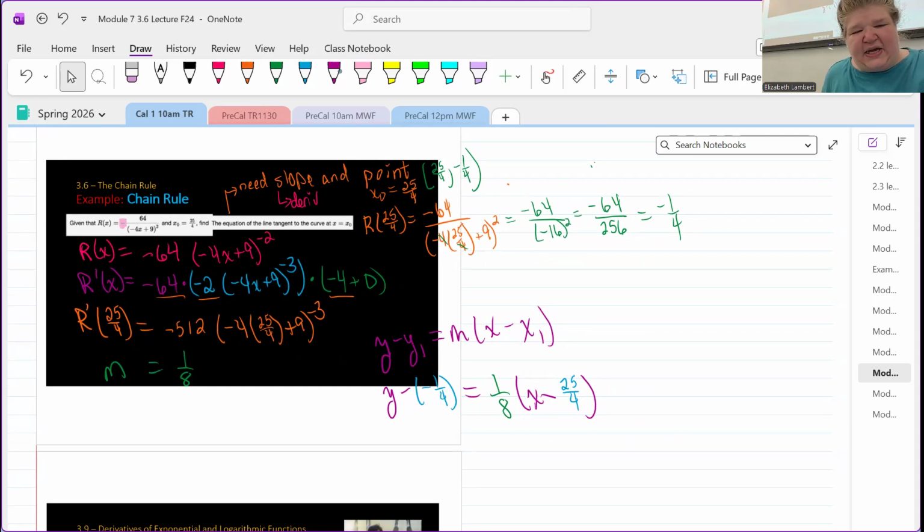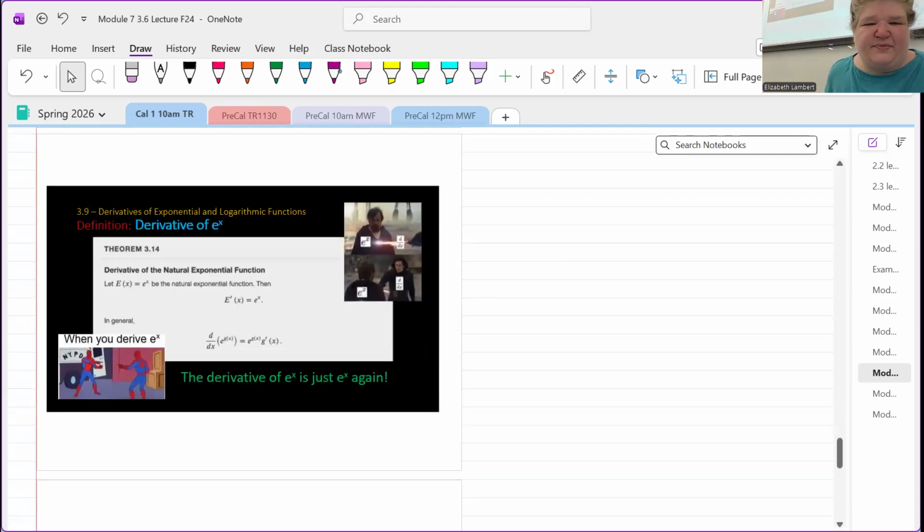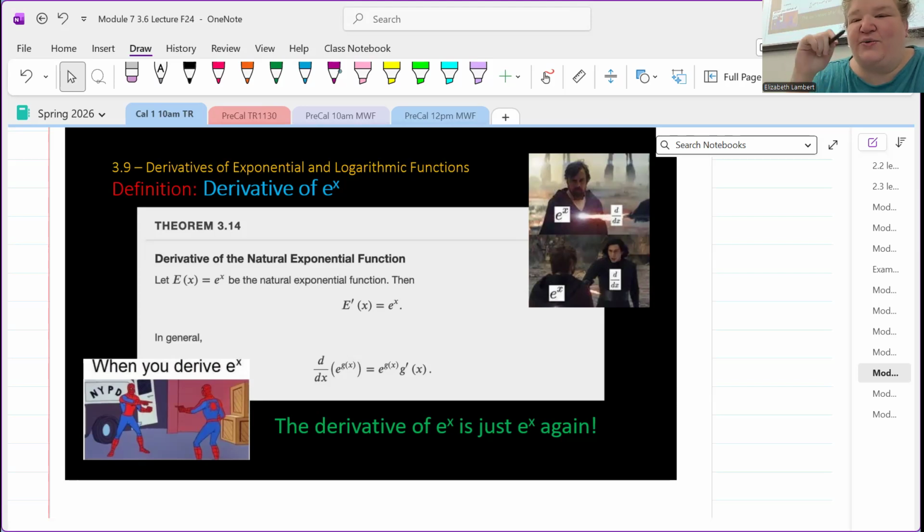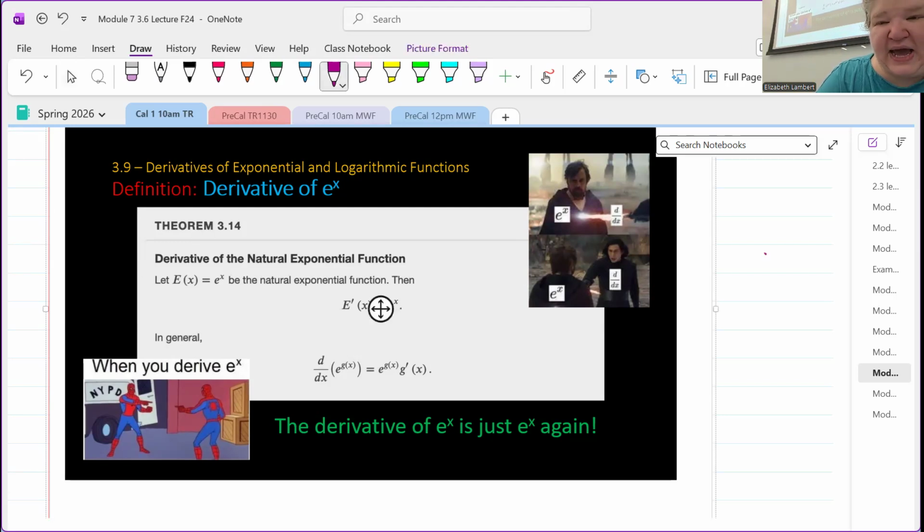Now, the next thing I included is the derivative of e to the x, because this shows up in the homework, and it's also one of our classic chain rule examples that will show up over and over again. So it turns out that the derivative of e to the x is e to the x.